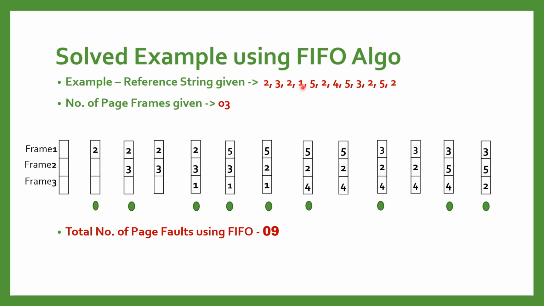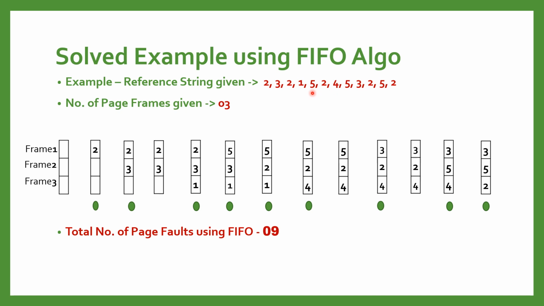Next 1. In case of 1, we will load it in the memory as it was not available, and this page fault will occur. Now our RAM is full, so we have to apply the FIFO algorithm to accommodate other requests. Now it's the turn of page number 5.